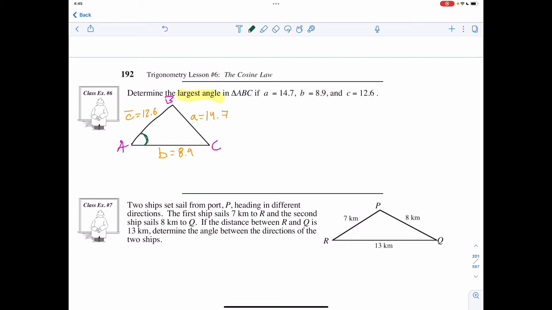If it asked me for the smallest one, I'd be solving for B, but in this case, I'm solving for A. So if I'm taking cos of A, right away, I'm going to remember I'm subtracting 14.7 squared. And then I'm going to put in my other numbers. 8.9 squared plus 12.6 squared all over 2 times 8.9 times 12.6.